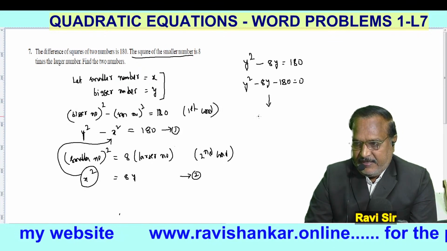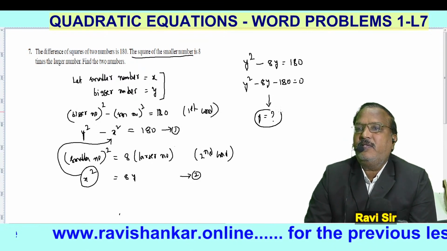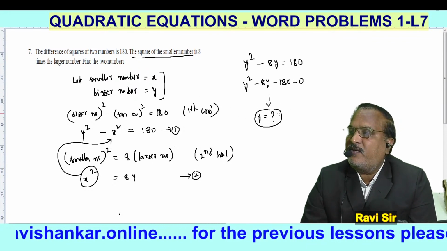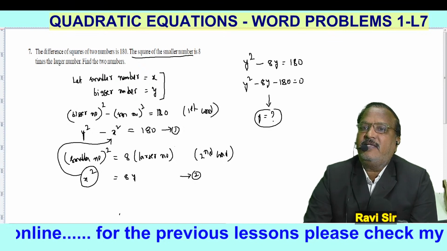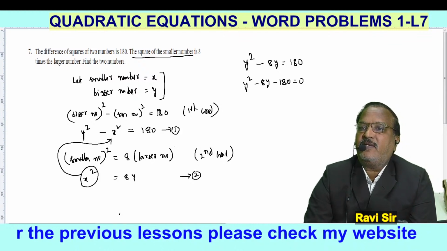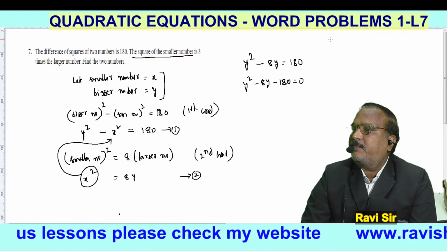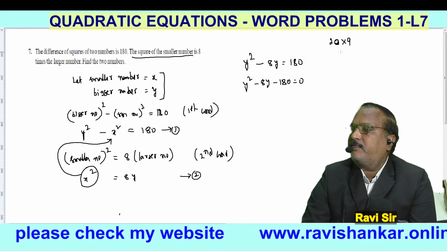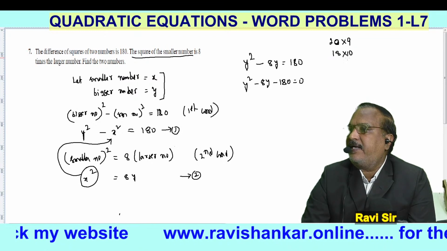You find out y using factorization. Here you will be getting a positive value and a negative value also, and you have to consider both. 180 factors: 20 into 9, no, 18 into 10, yes, 18 minus 10.